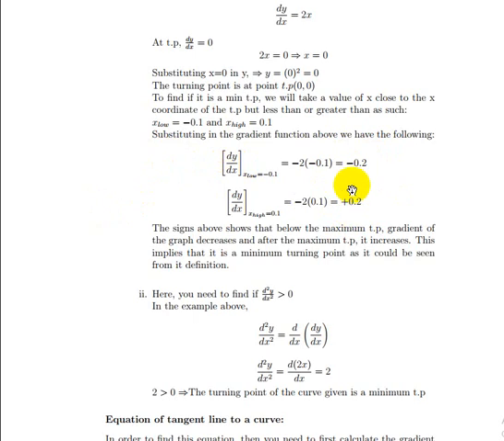Again, the null turning point is also capable of changing the graph from negative to negative. If the steepness before the turning point is negative, and after the turning point the steepness is still negative, then it's a null turning point.